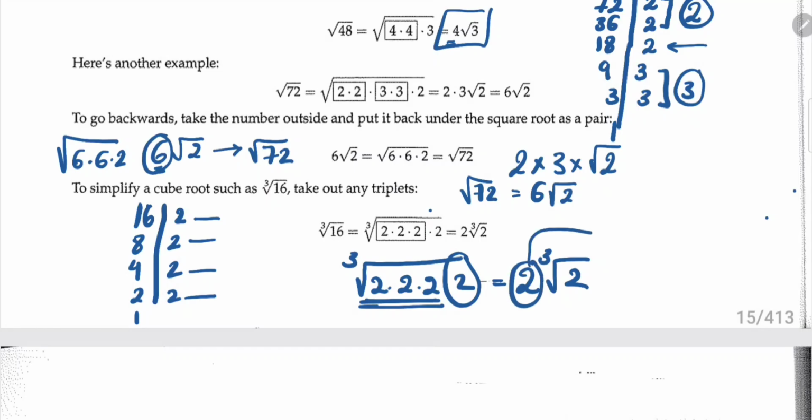The original form of 2 is cubic root of 2 multiply 2 multiply 2, because it's the cubic root of 2 to the power 3. The power 3 is removed with the cubic root, so it's 2. Multiply by 2, it would be 16.